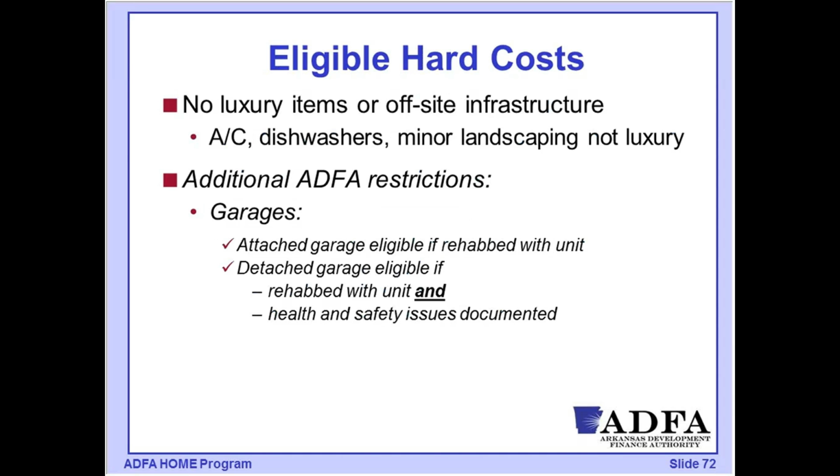HOME funds. Off-site infrastructure, so anything that's on the actual site for our HOME-funded project would be allowable, and that would be up to and connecting into something in the public right-of-way. So for instance, if we needed to replace the water line that went from the house and connected into the public infrastructure in the right-of-way, that would be allowable as part of a HOME-funded project cost.